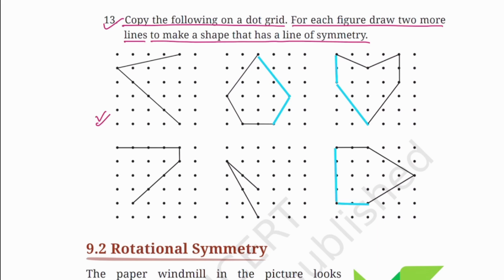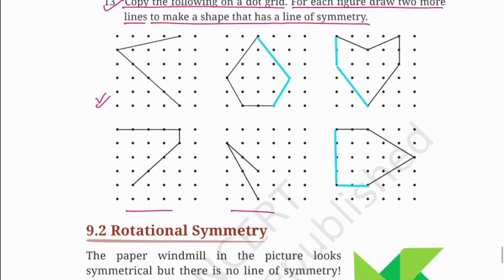For this one, you have to take a dot grid of larger size. Similarly, you can try doing these.